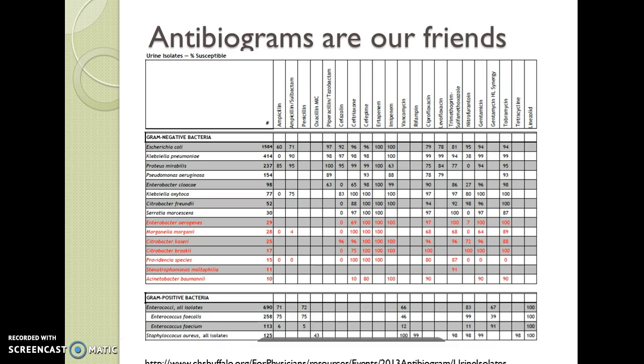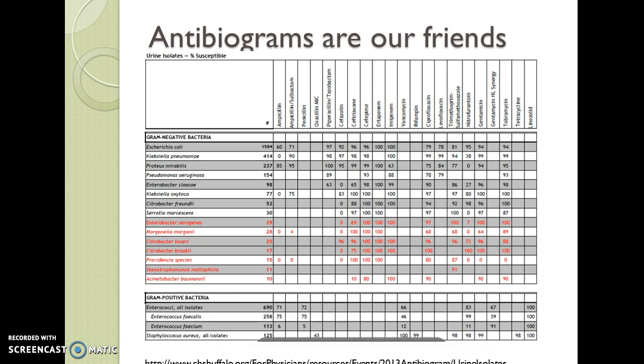And we find that, in this case, on this particular antibiogram, and they are very community specific, about 81% of the E. coli are going to respond to the trimethoprim sulfamethoxazole, which is Bactrim, and 95% are going to respond to nitrofurantoin, which is another antibiotic used for urinary tract infections.